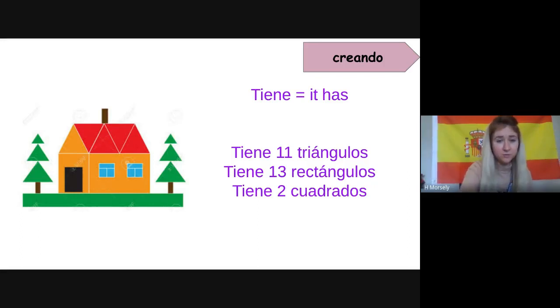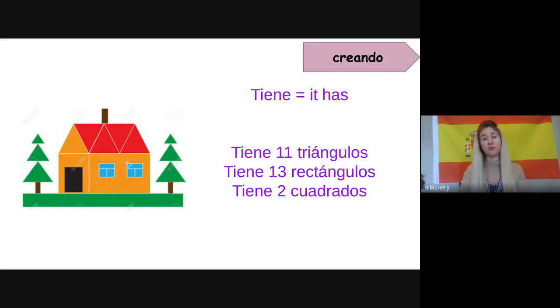You could say 1, 2, 3, 4, 5, 6. So 6 are triángulos verdes, 6 are green triangles. You've got un triángulo naranja, 1 orange triangle, and 4 triángulos rojos.